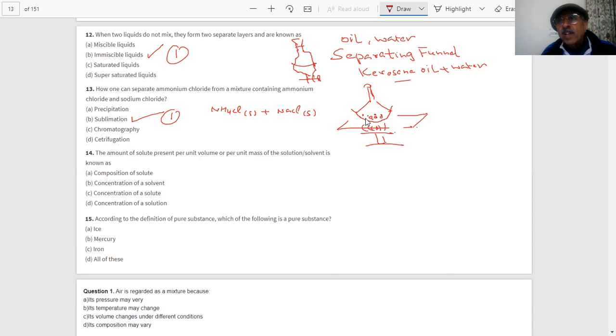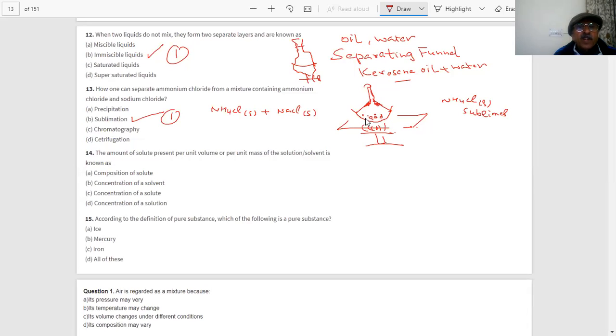You know that ammonium chloride sublimes, and this will get collected on the funnel, student, and the funnel can be removed, and then you will get ammonium chloride. Correct answer.